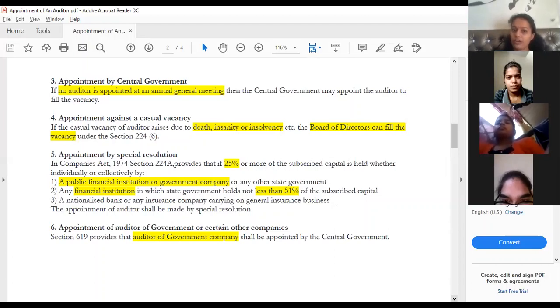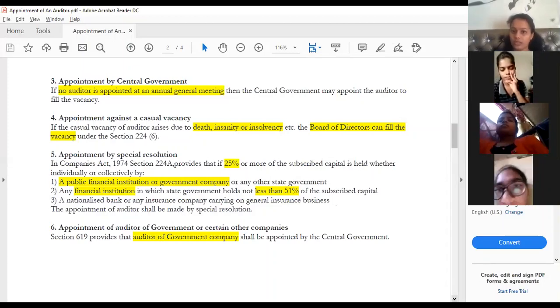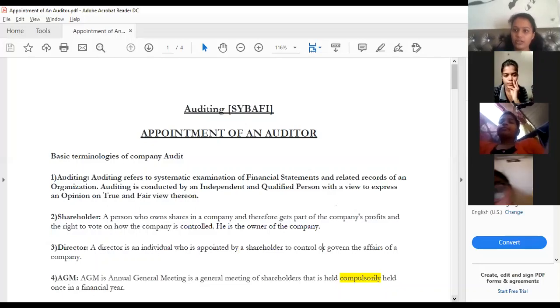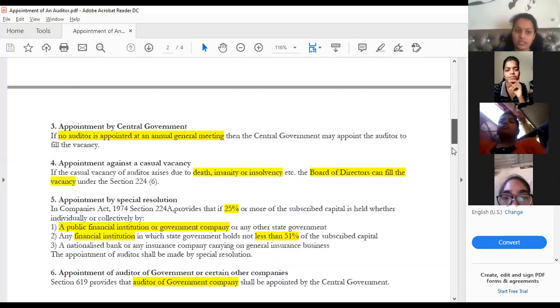So whenever there's a casual vacancy that arises because of death, insanity, or insolvency, the board of directors can fill this vacancy. Going ahead to appointment of an auditor by special resolution. So let us understand this.